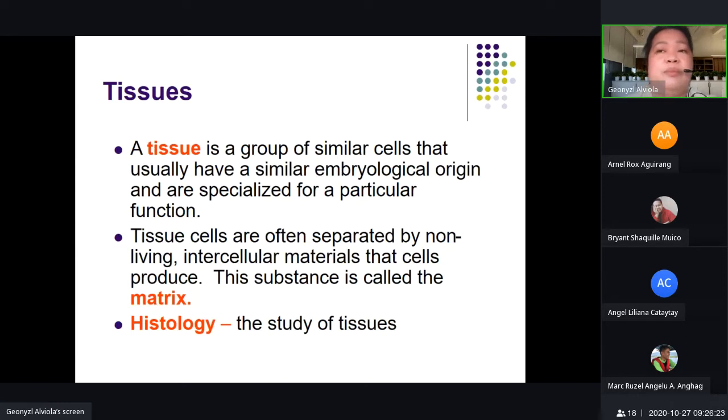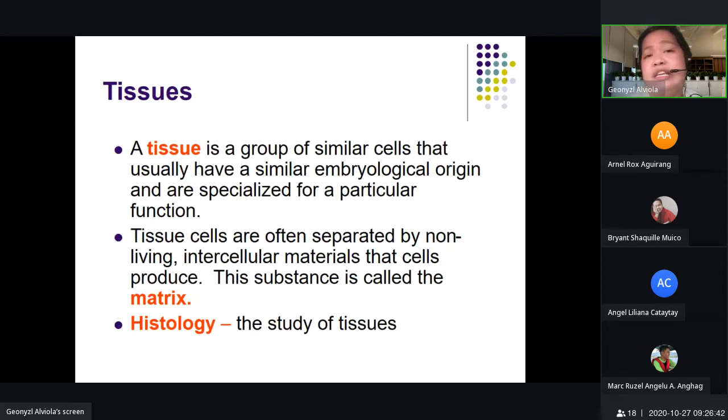So, like for example, the muscle cells are ideal for movement because these muscles are highly active and they are moving. Sa epithelial naman, they don't move, but they allow substances in and out of the cell.